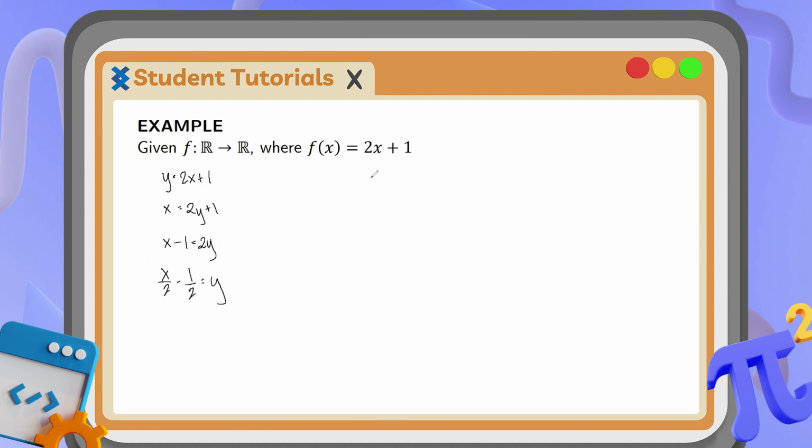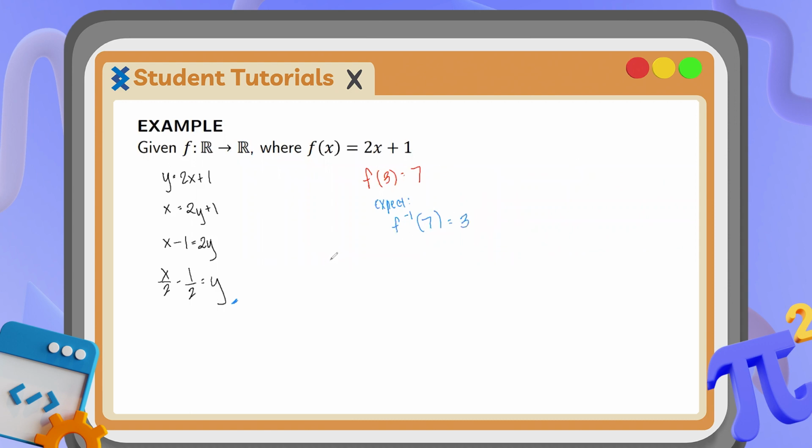So let's say we have f of 3. f of 3 would be 6 plus 1 equals 7. So what we expect with this function over here is that f of negative 1 of 7 should get you back to 3.